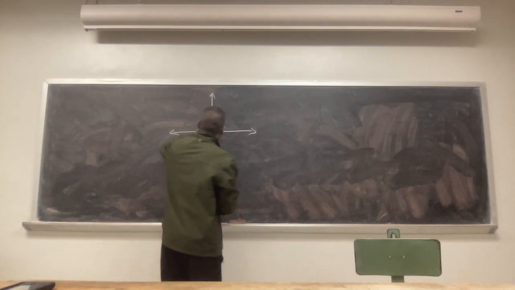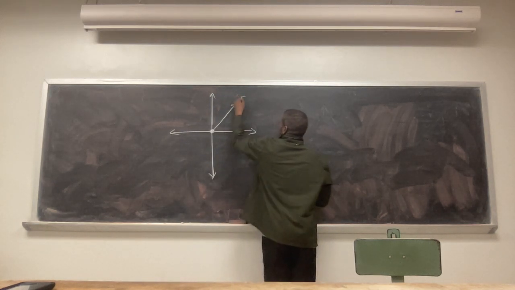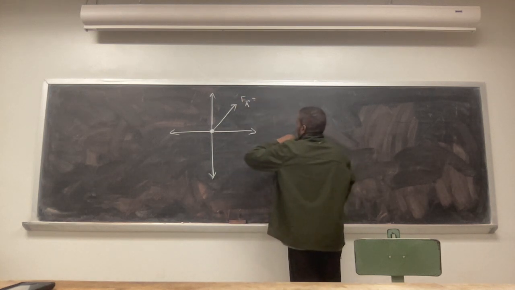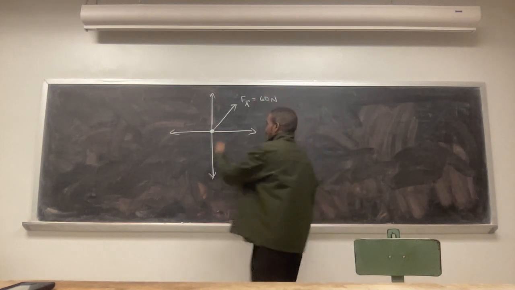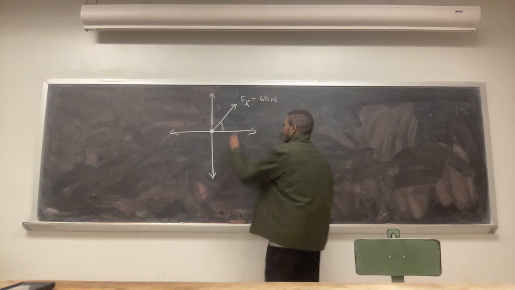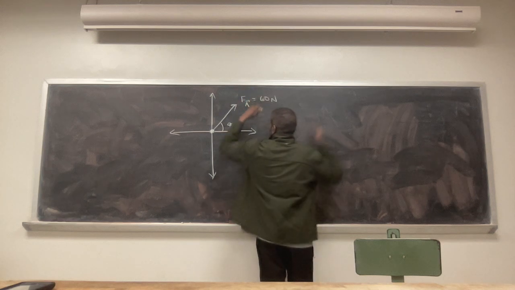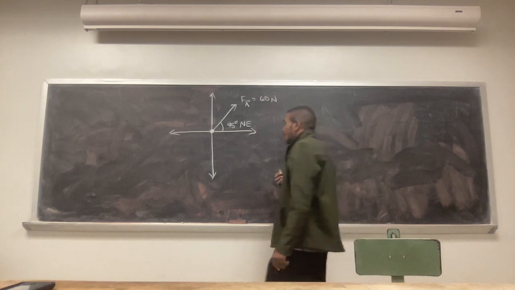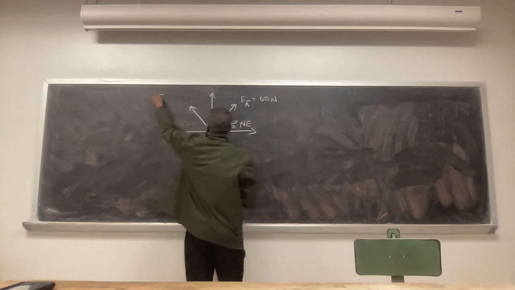It experiences a force in this direction, and let's call this force A. It has 60 newtons, in a direction of 45 degrees northeast from the x-axis.